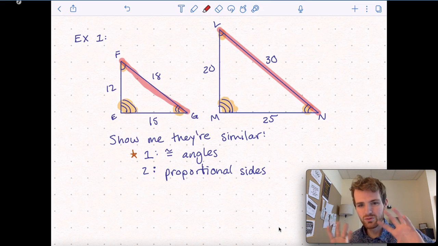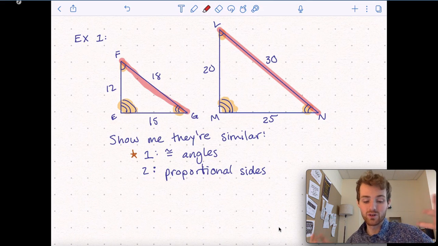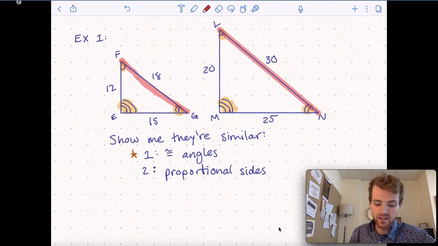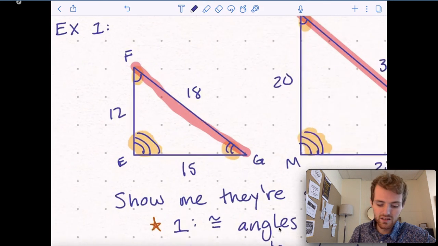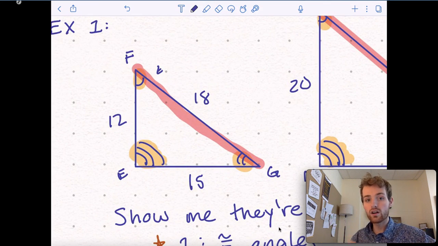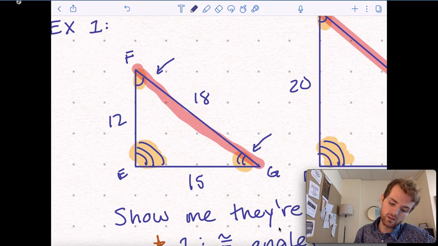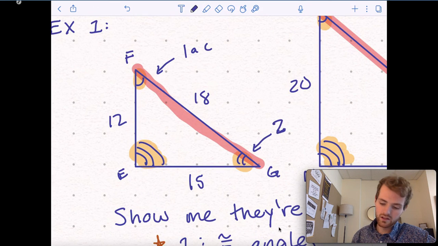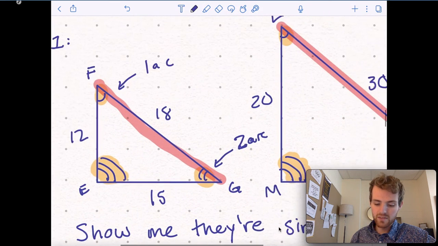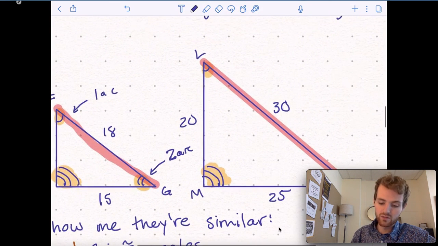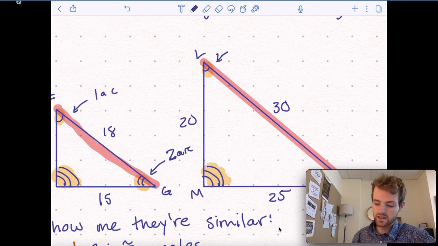If these triangles weren't so beautifully drawn in, you can look here. Do you see how for FG, we start with the 1 arc angle and we go to the 2 arc? Well, that means on the big triangle, we want to start on the 1 arc and end with the 2 arc as well.